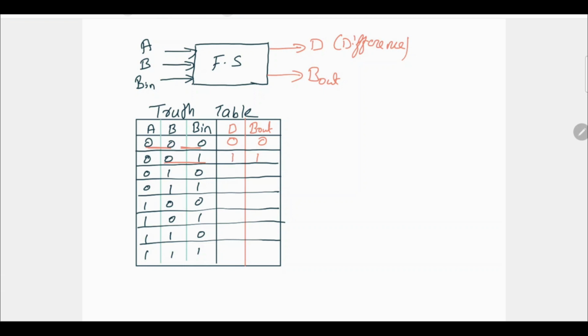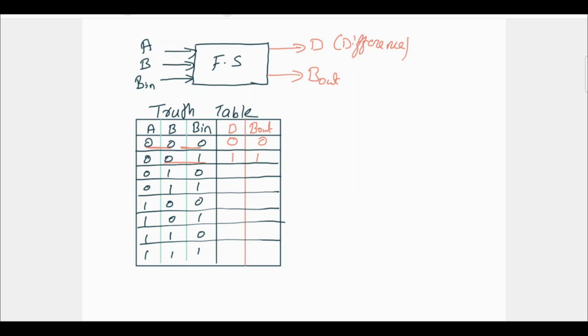Actually it is negative 1 in decimal, where the difference between 0 and 1 is 1, we say negative 1. But in binary, 0 minus 1 the difference is 1, but if we want to do that we need to take a borrow from the previous bit.